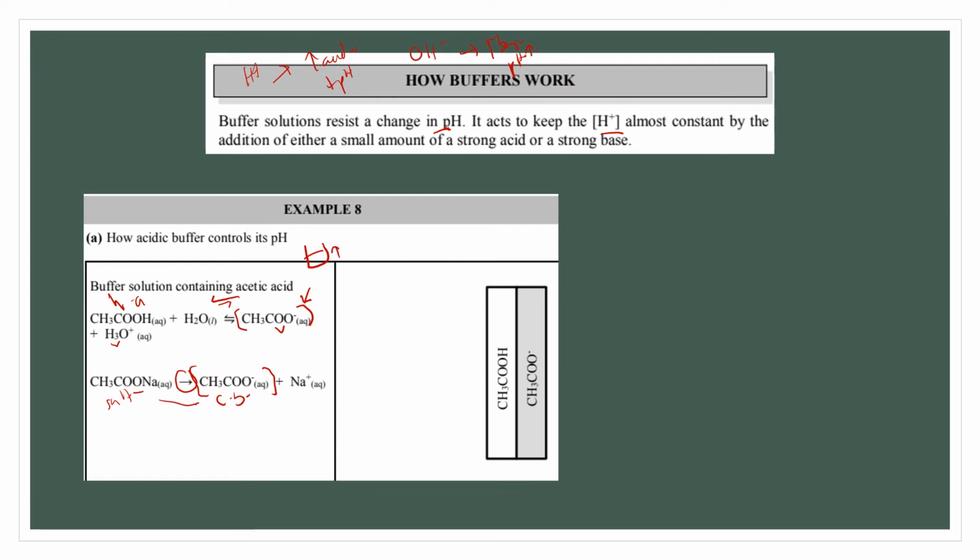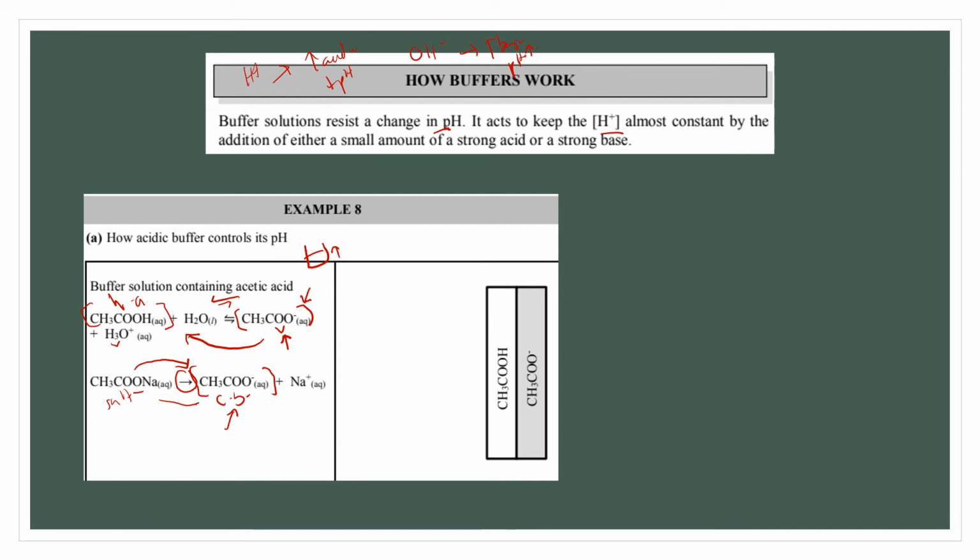Dan bila concentration di sini increase, based on the Le Chatelier's principle, increasing the product, dia akan shiftkan the equilibrium position towards the left, towards the reactant. So, kita akan expect banyak concentration of CH3COOH dalam solution datang daripada unionized acetic acid dan juga banyak conjugate base yang datang daripada ionization of the salt kat sini.